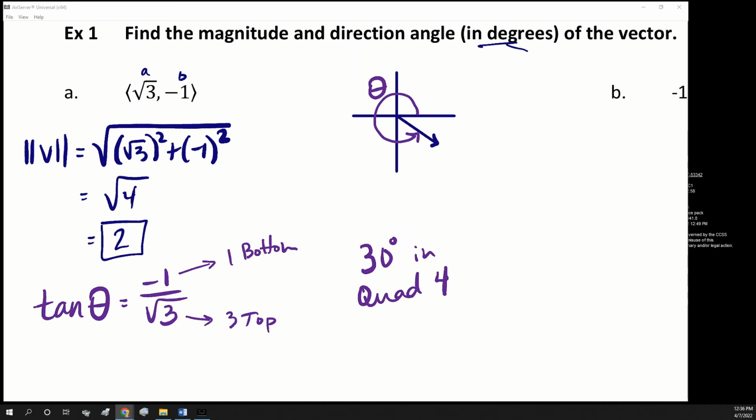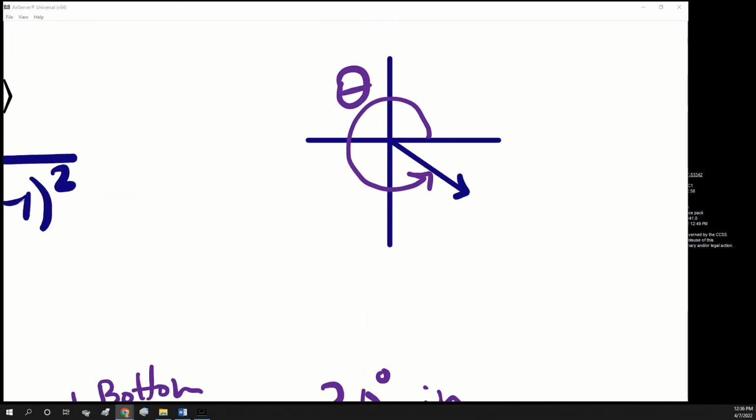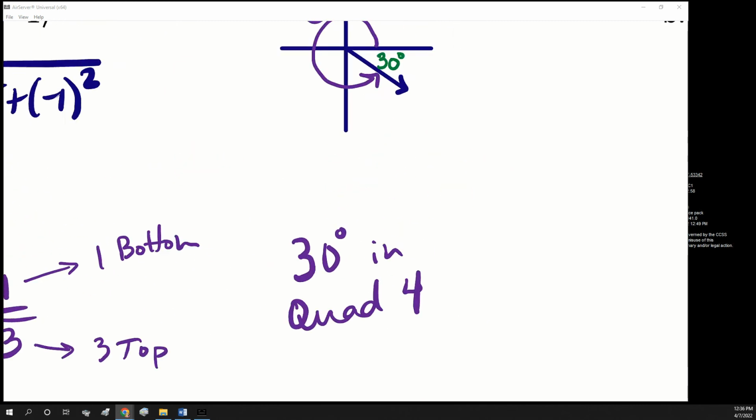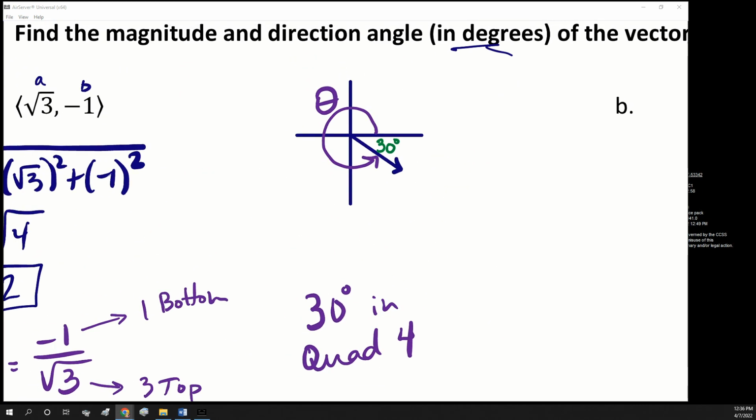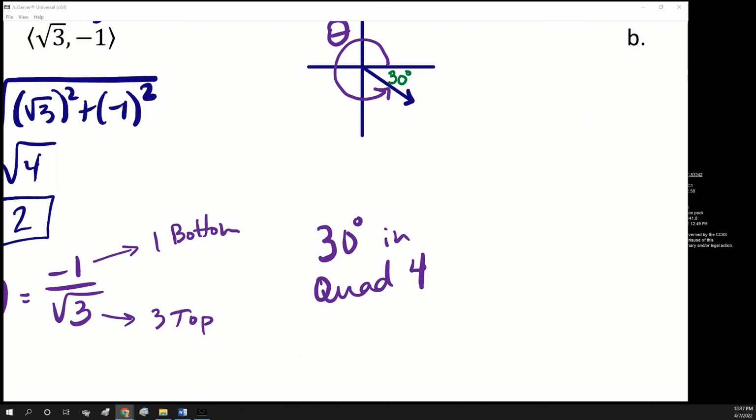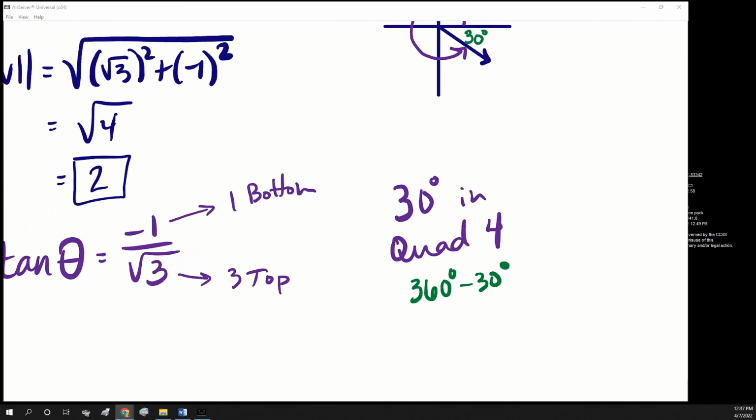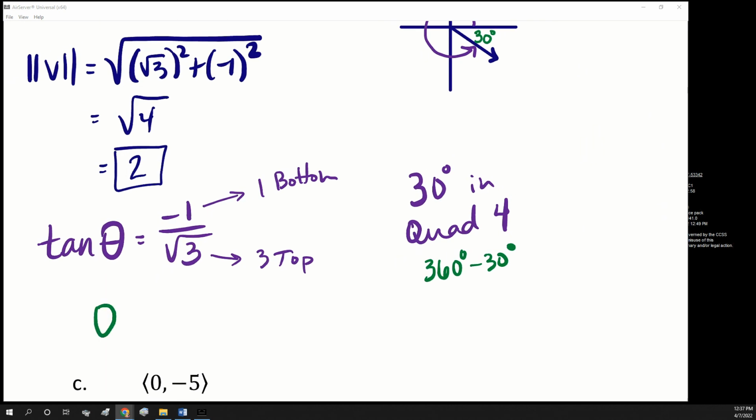What angle in this picture is 30 degrees? The reference angle is 30 degrees. That would be that one. And so what does that make theta? 330. I think with degrees you can kind of just logic your way to it. We don't have to know what 30 degrees is in every quadrant. If you draw the picture, you can just see it, but that theta is going to be 330 degrees.